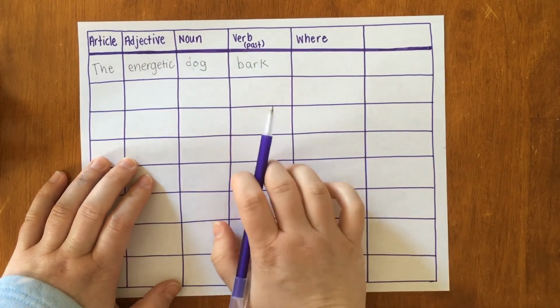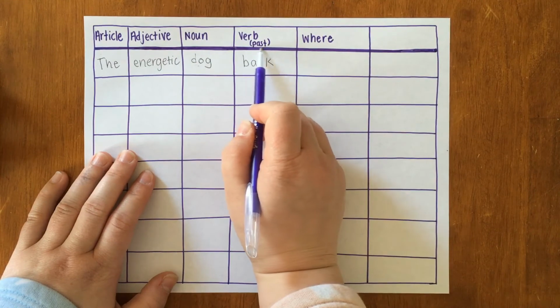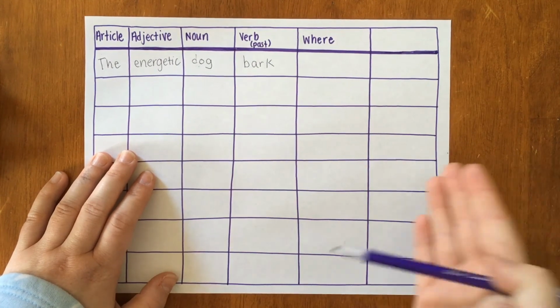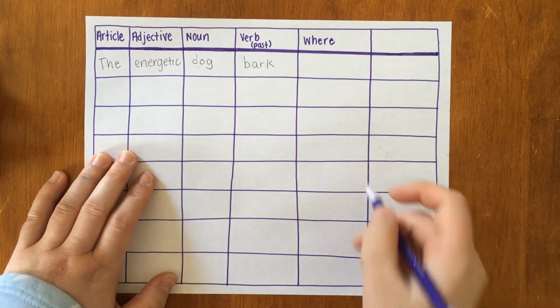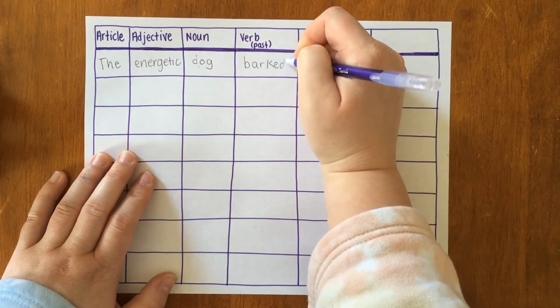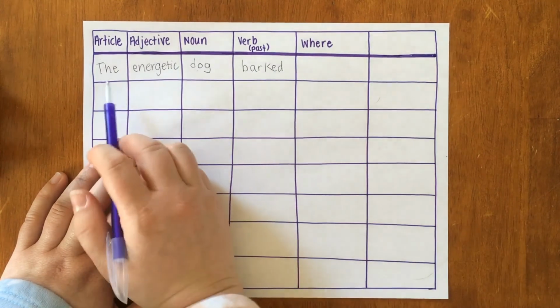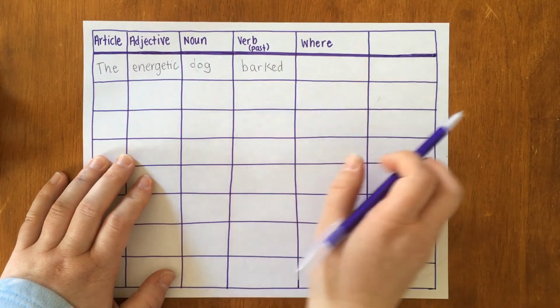The other thing I want you to remember when we're doing this is that your verbs, when we do this exercise, will work best if they're in the past tense. So that means it happened earlier. It's not happening right this moment. So I'm going to go ahead and add an ed to make that past. So I have the energetic dog barked where?